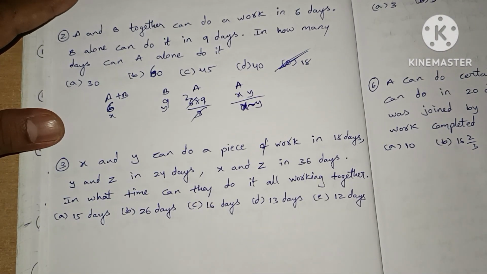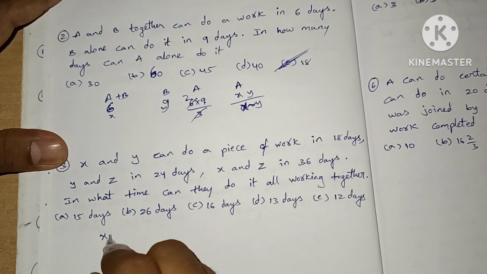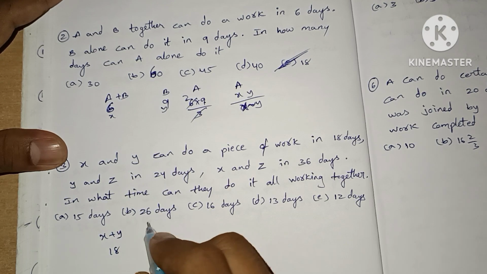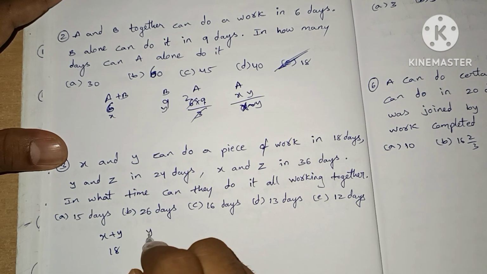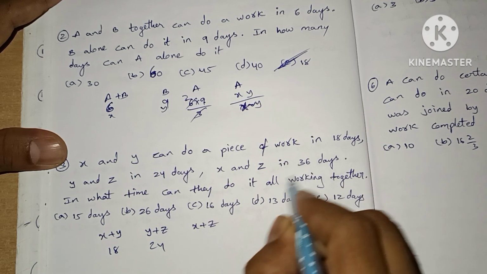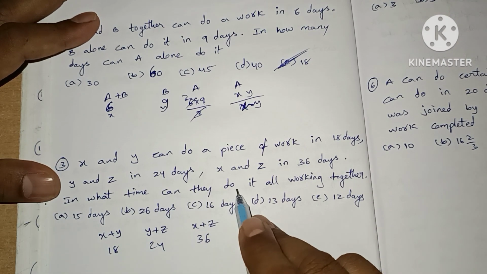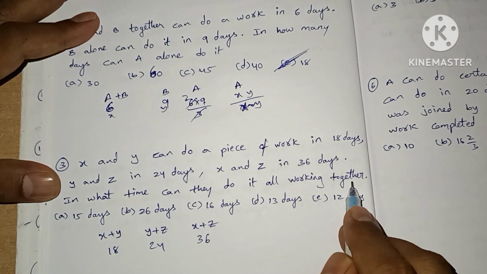Next, third question. x and y can do a piece of work in 18 days, y and z in 24 days, x and z in 36 days. In what time can they do it all working together?